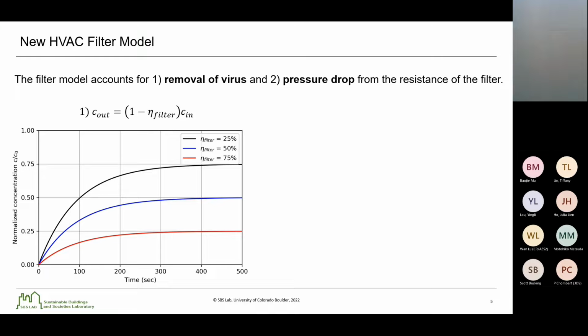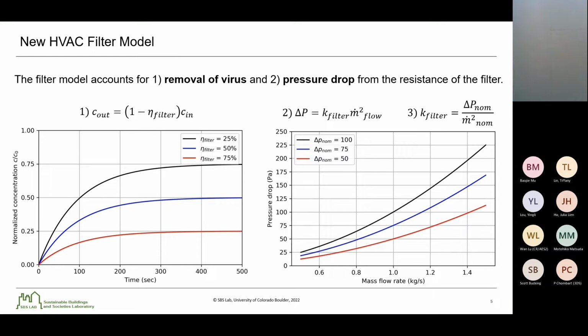And in this figure, we show a simple demonstration of what this can look like, where we assume a room with initial zero virus concentration being supplied with some supply airflow of concentration C9. And then we observe how the concentration would develop in the room with different filter efficiencies. And so we can see the most efficient filter, the red line, would then have the lowest steady state concentration of virus.